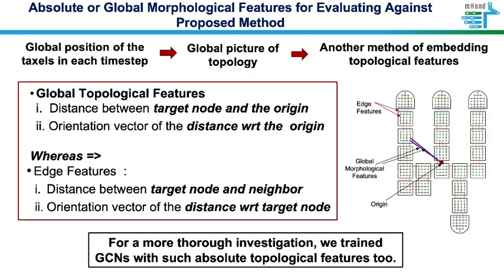Another way of producing morphological or topological embeddings is to use the global positions of the tactile sensors. Hence, we also produced global or absolute topological features, which are simply the distance of the origin and target node and the orientation vector of this distance. We also trained models using these features for a more thorough investigation.